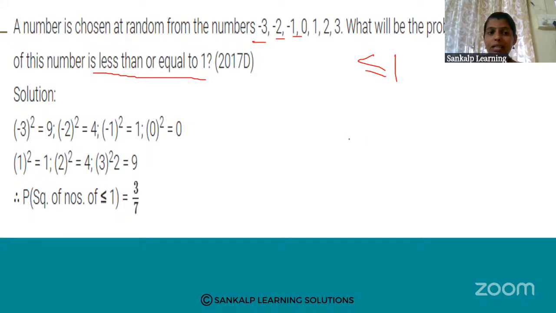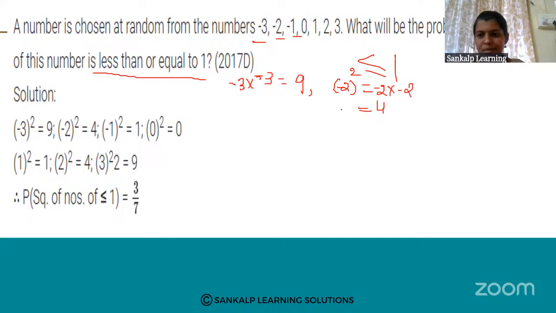The square of this number means we are squaring all these numbers. -3 square is -3 into -3, which is 9, since minus into minus is plus. Next, -2 whole square is -2 into -2, which is 4.